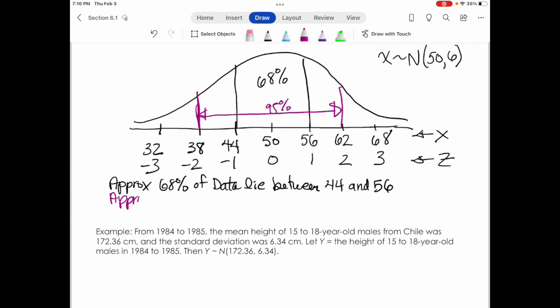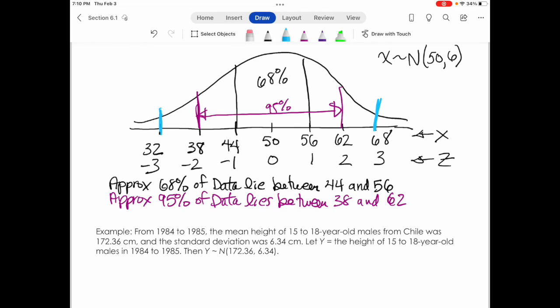So I can say approximately 95% of the data lies between 38 and 62, because now we're coming out 2 standard deviations in either direction.